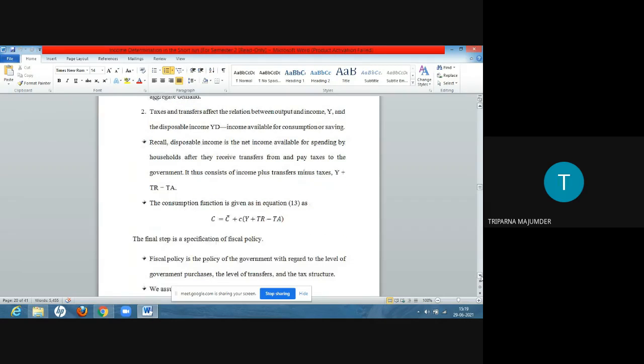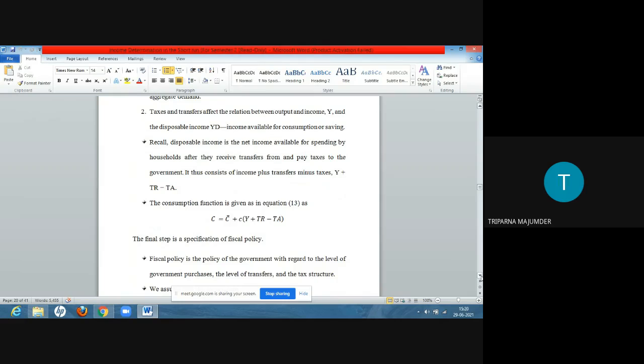Accordingly, our previous consumption function becomes C is equal to C bar, which is the autonomous consumption expenditure, plus small c, that is marginal propensity to consume, as a function of disposable income, which we all know is Y plus TR minus TA.